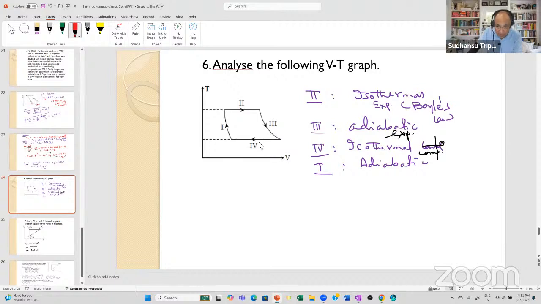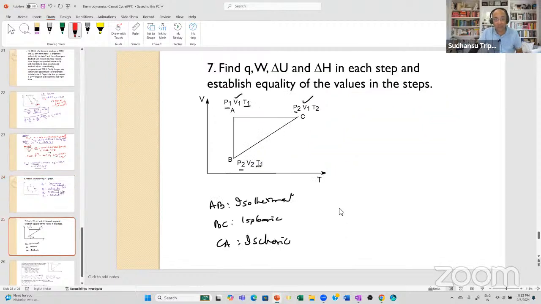And this 4 is again temperature remaining constant, isothermal compression, where the volume is decreasing, so pressure must be increasing, there is no doubt about it. And this 1 is adiabatic compression. Once again, the volume is decreasing, temperature is increasing, so adiabatic compression. So this is also a TV graph.